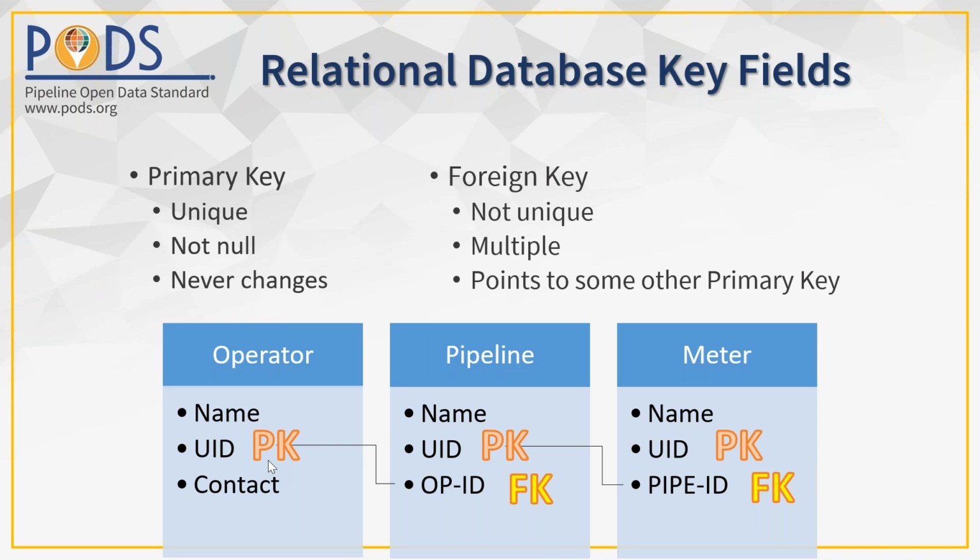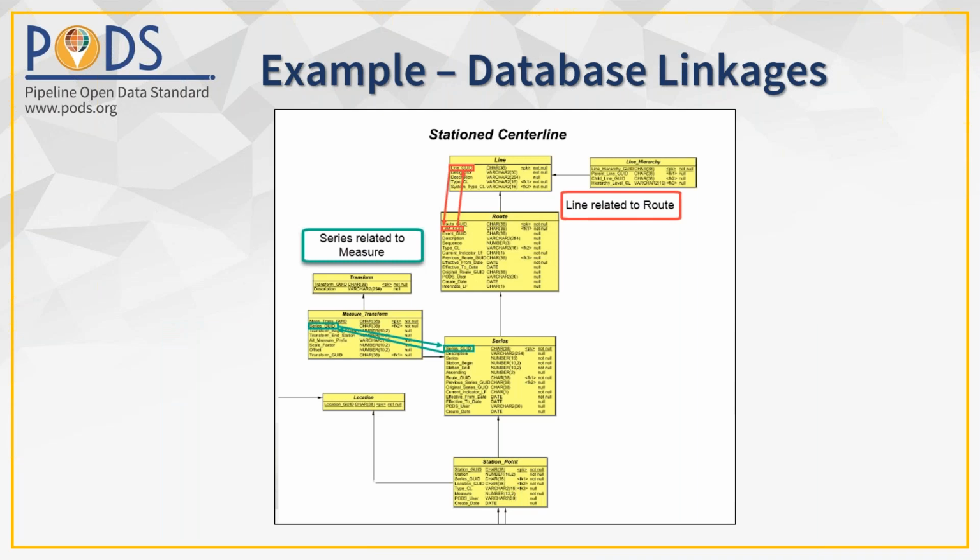You can see pipe ID, for example, is relating back as a foreign key to the UID in the pipeline table. It's kind of confusing, but if you get a little used to it, or get some practice with it, you'll understand the concept. And maybe this next slide helps solidify things a little bit more.